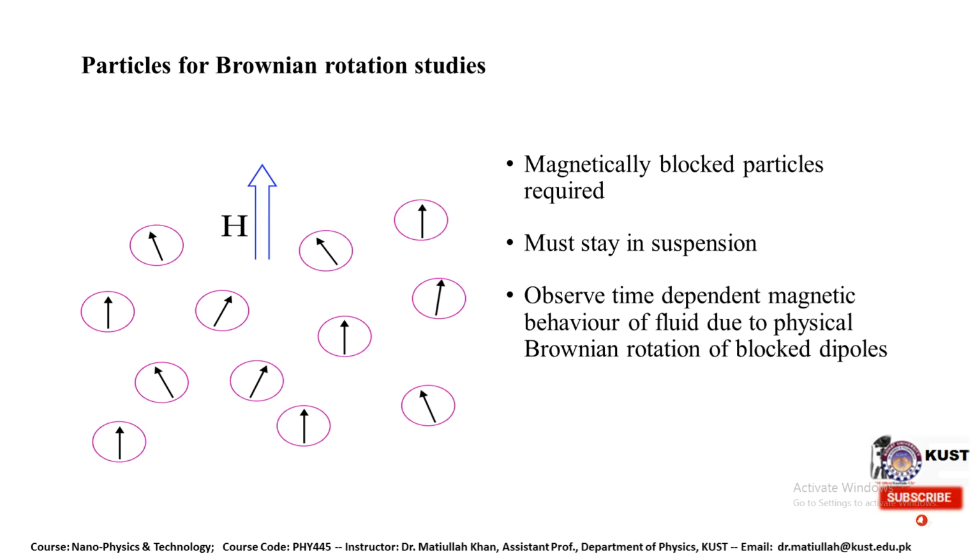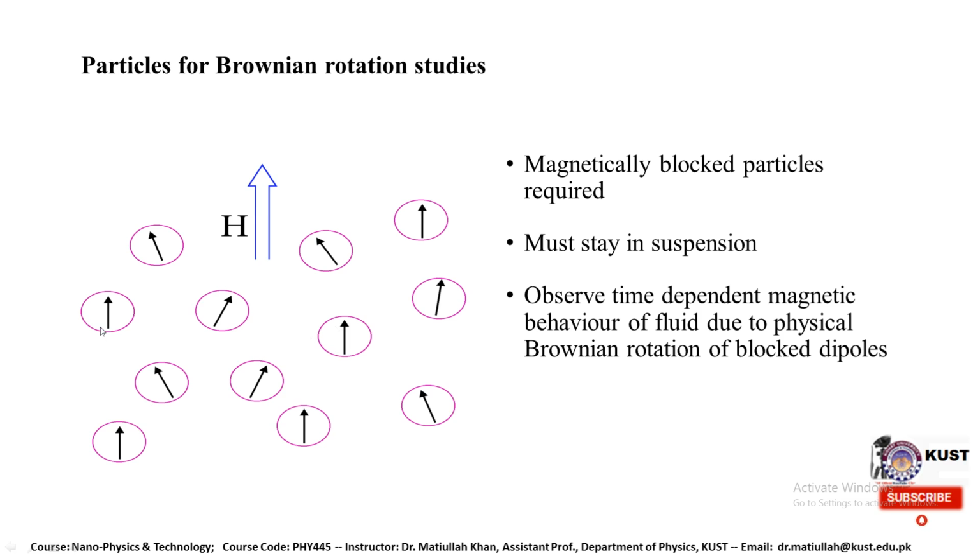In this case, it is not even. Most of the magnetic moments, like this one, this one, this one, are perfectly aligned, just like 1, 2, 3, 4, 5 and 6.